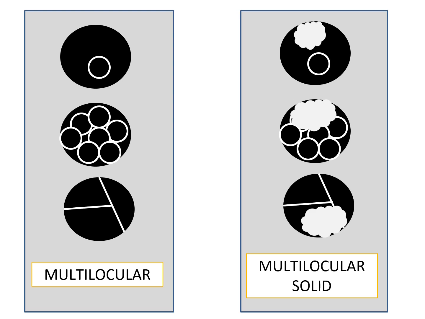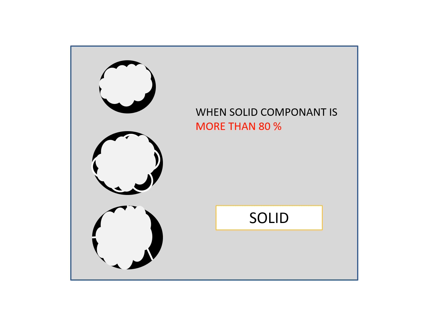A multilocular solid cyst is whenever there is a multilocular cyst with a small solid area. There can be a daughter cyst, multiple daughter cysts, or septae, but there should be a solid area in the mass. Whenever the solid component of the mass is more than 80%, we simply label the mass as a solid mass.